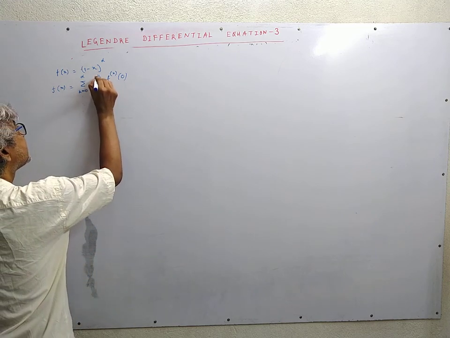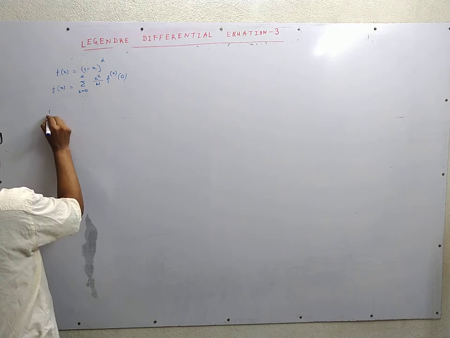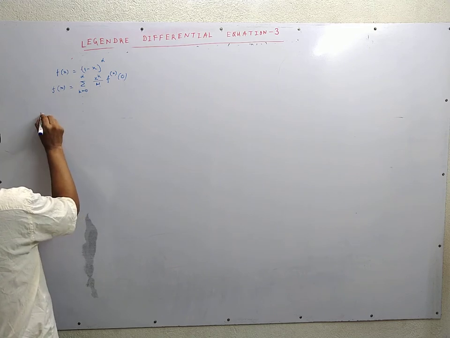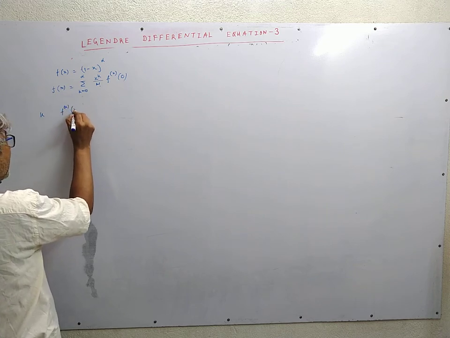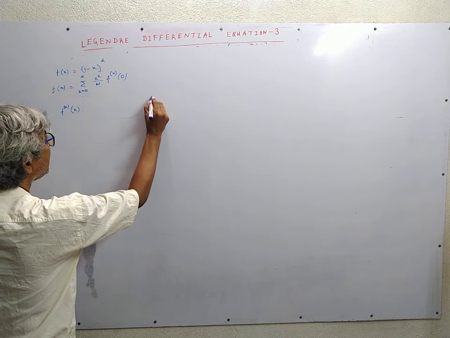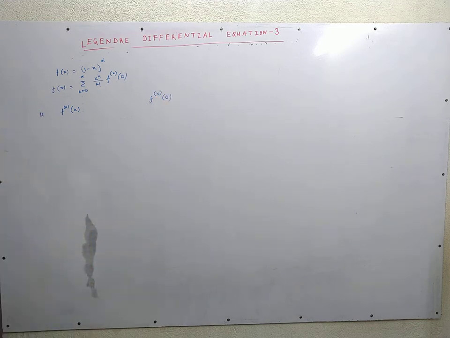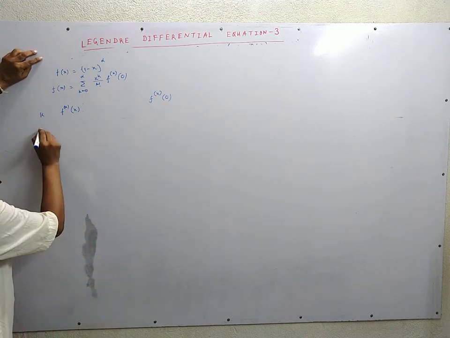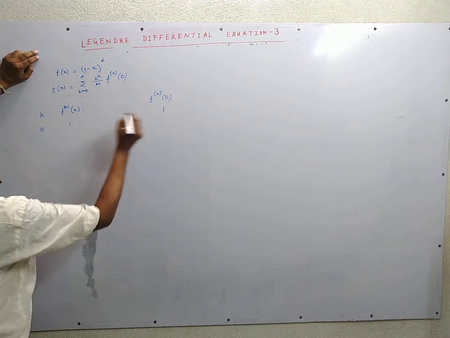So we consider the function f^(k) at x and f^(k) at 0, where the function is this one. When k is equal to 0, it is 1.